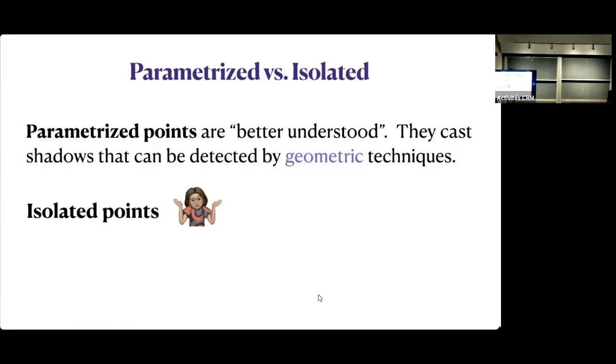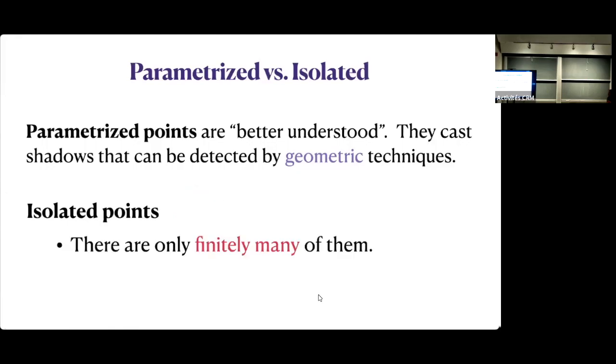The first point, which I'll come back to in a minute, is that there's only finitely many of them. This might be very surprising because this is of all algebraic points on the curve of any degree. There's infinitely many on any curve, and only finitely many of them are ever isolated. Yeah, this is like, what?